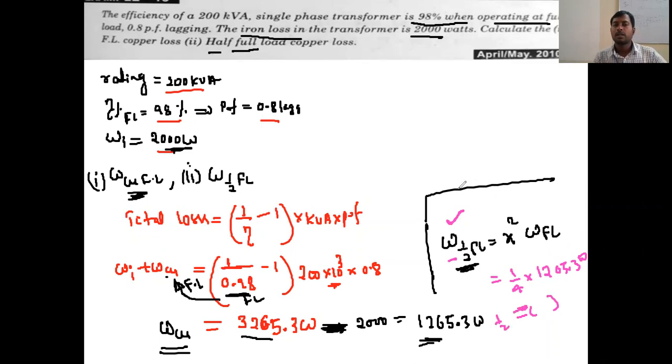So this is all about the off full load copper losses and full load copper losses. For example, if in the question he gave the efficiency at 1/2 full load, let us solve the same problem for that off full load. You will get clarification.